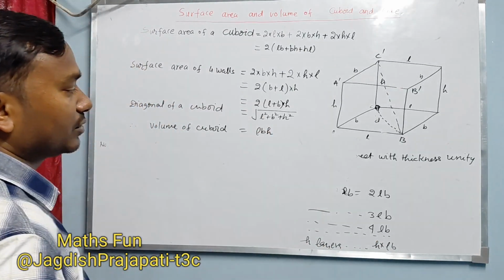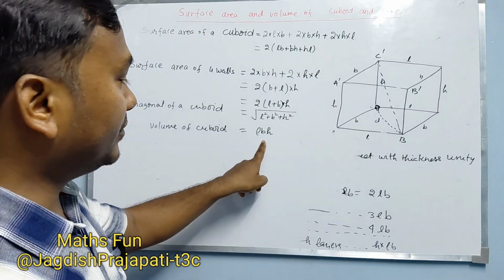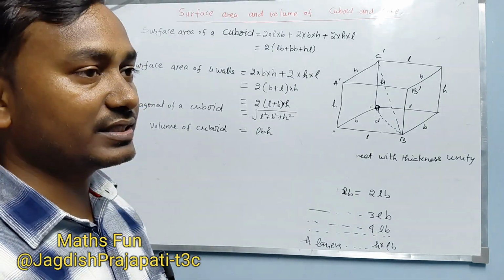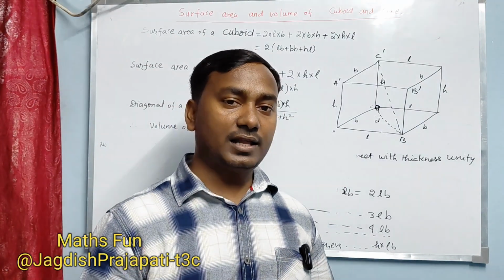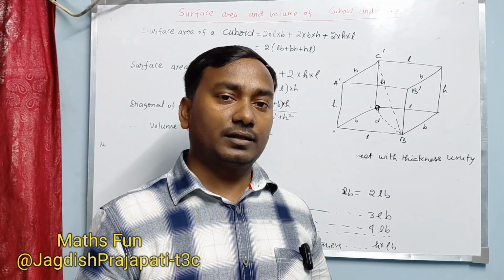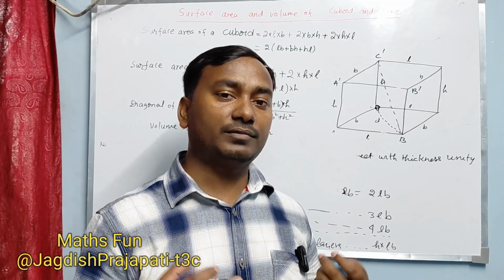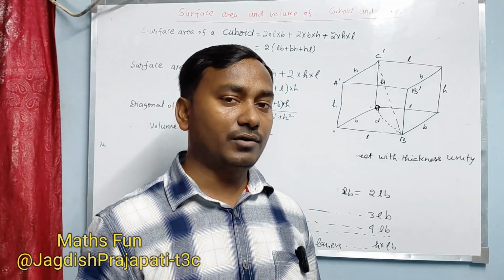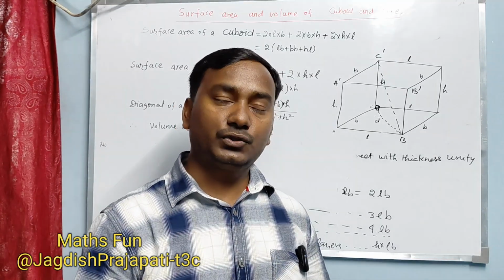So in the book you will find that LBH means L into B into H, the multiplication of all the 3 dimensions, provides us the volume of the cuboid. Okay, so this is all about the cuboid.